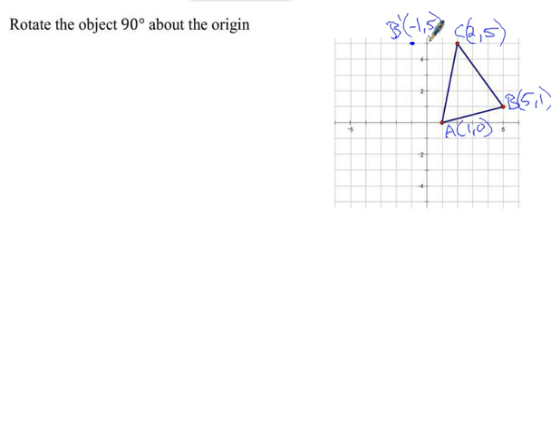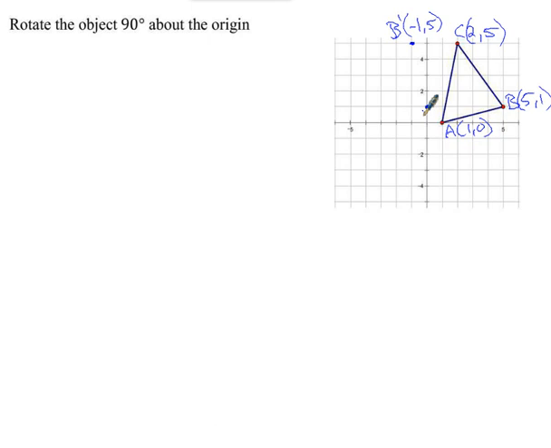What's going to happen to A? It becomes 0, 1. Remember, the process is you trade these two, and then you make what was once y negative. So we trade these two, and now we have 0, comma 1. We make the 0 negative. 0 doesn't care, so it just stays 0.